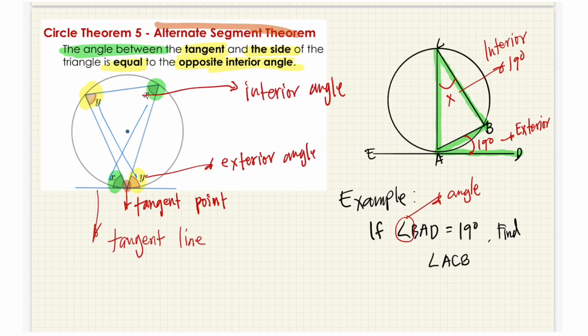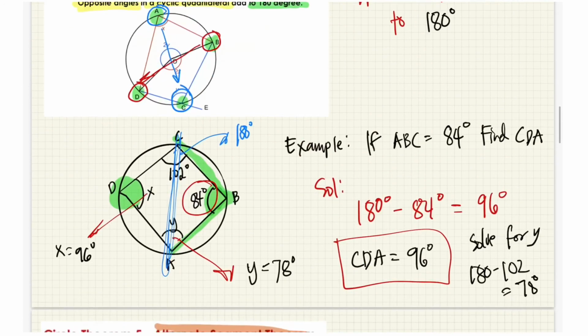It's called alternate because the alternate angles are equal. I hope this one is clear, and that is our fifth theorem about circles.